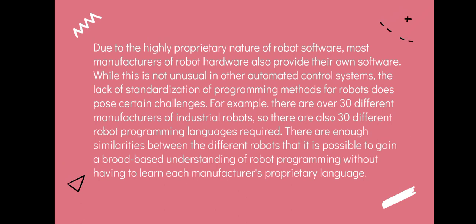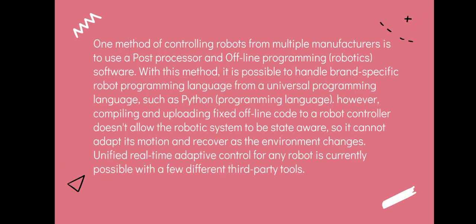For example, there are over 30 different manufacturers of industrial robots, so there are also 30 different robot programming languages required. There are enough similarities between the different robots that it is possible to gain a broad-based understanding of robot programming without having to learn each manufacturer's proprietary language.